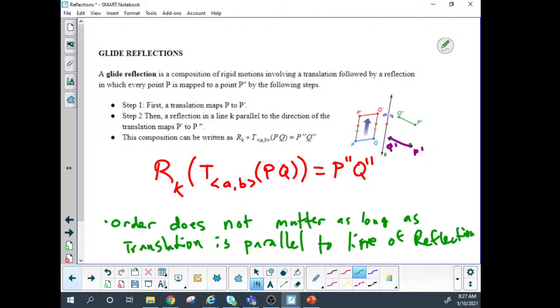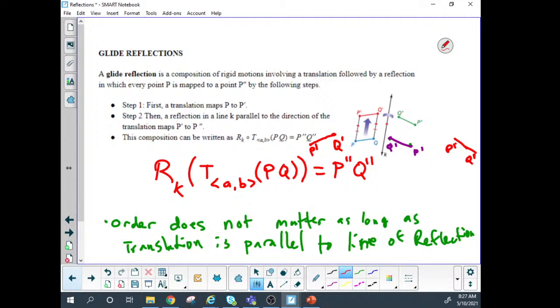Yeah, you're absolutely right. If instead we're moving PQ left and then reflecting, that would be different than reflecting and then moving left. Totally. Moving left would take it over here. Reflecting it moves it way further over here.